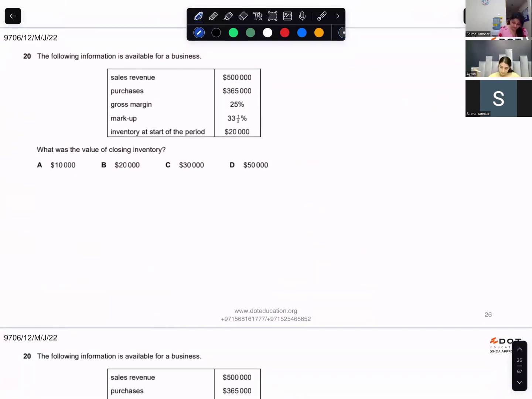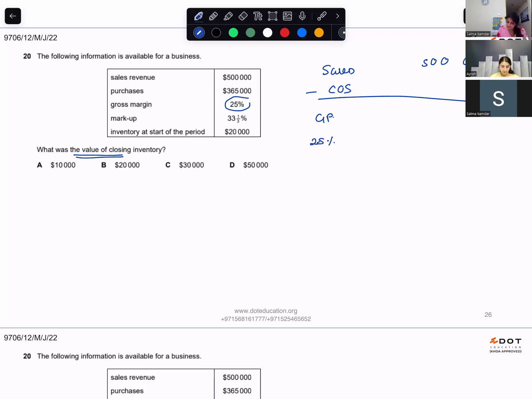Come on, let's read and do together. What is the value of closing inventory? You know what format we follow? Sales minus cost of sales will give you gross profit. Gross profit margin is already given directly to you.